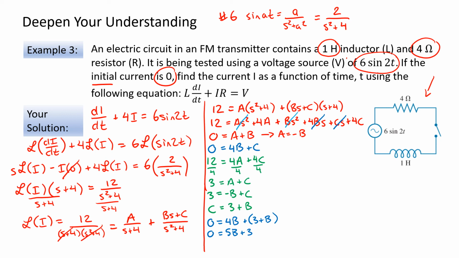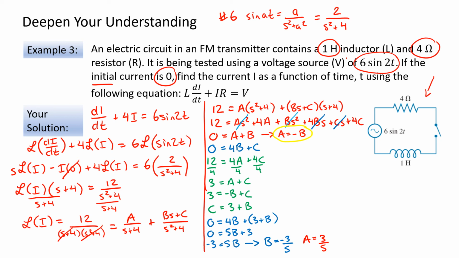Moving the 3 to the other side, we get negative 3 is equal to 5b, or solving, we get that b is negative 3 over 5. Remember, we have that a is equal to negative b, so that means that a must be equal to positive 3 over 5, because going back to our equation here.